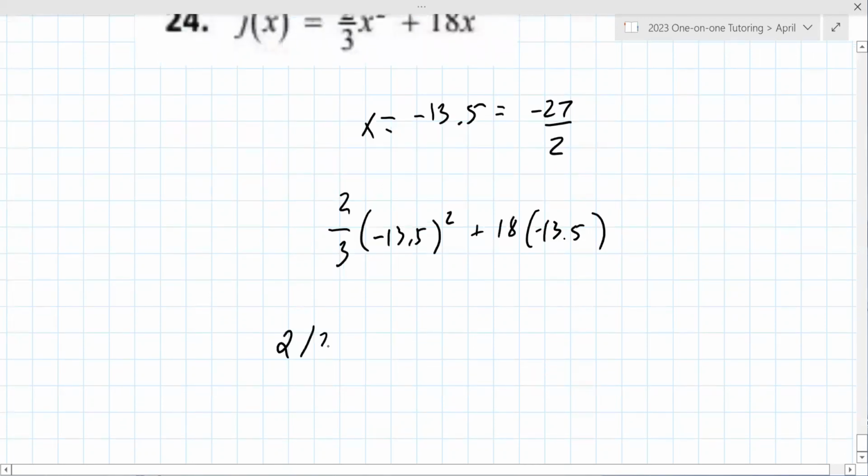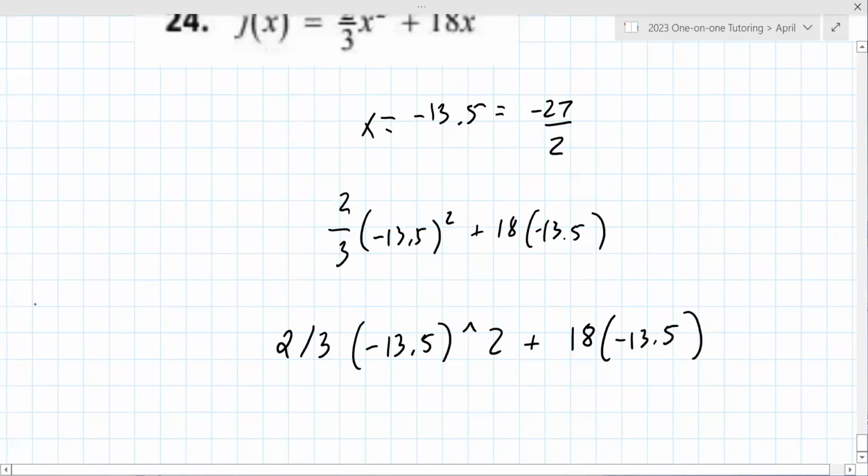You write 2/3 minus 13.5 caret 2 plus 18 times negative 13.5. Negative 121.5. Yes, that's correct.